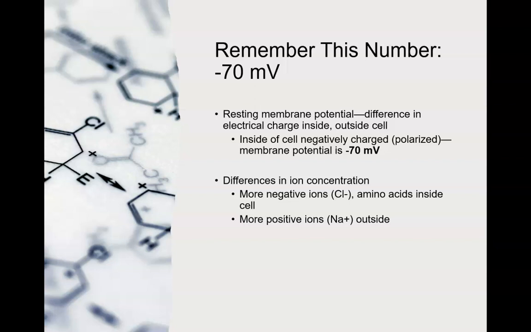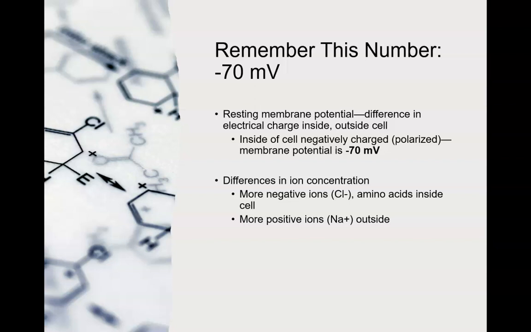And additionally, what I will mention here is that at rest, the neuron is selectively permeable to different types of ions. So sodium, which, as we're going to talk about, is going to be a really critical player in this process, there's more sodium outside of the cell than inside of the cell.